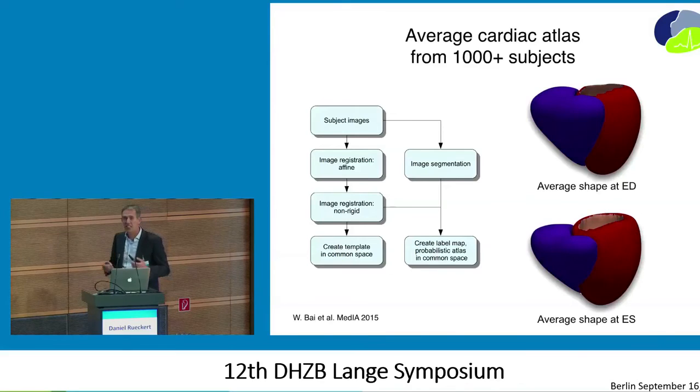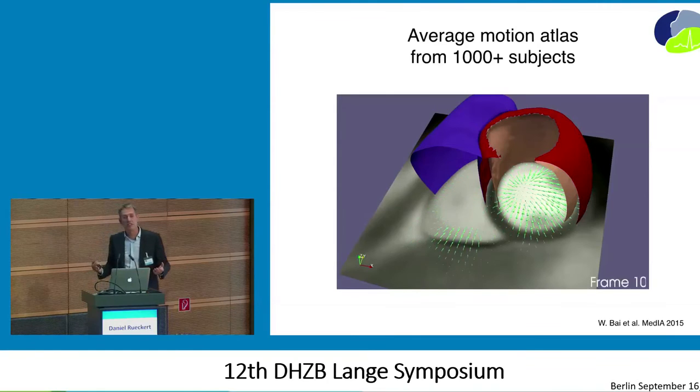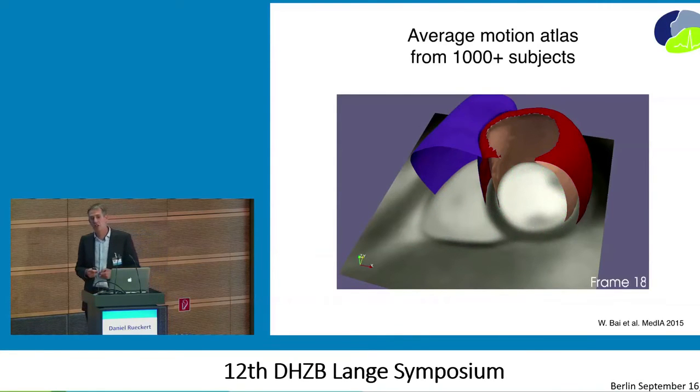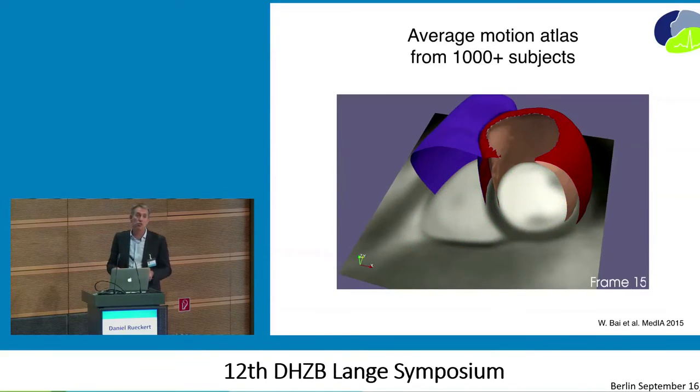We can build average shape models, and if we also track the motion of the heart over the entire cardiac cycle, we can also build what is effectively an average model of the contraction of the heart by looking at the average motion pattern over our subjects.